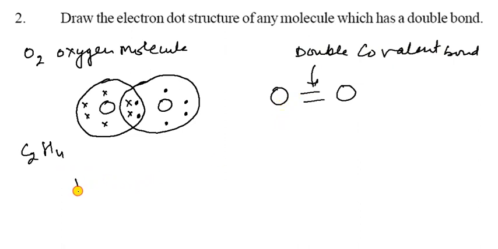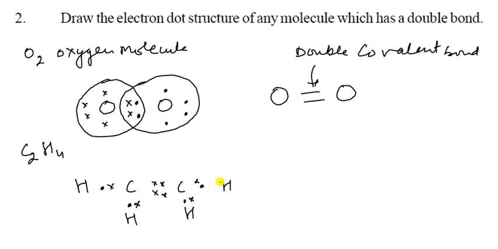Now let us see C2H4. What will happen in this? It is the double covalent bond. So in C2H4 you can see here 4 hydrogen atoms and 2 carbon atoms.